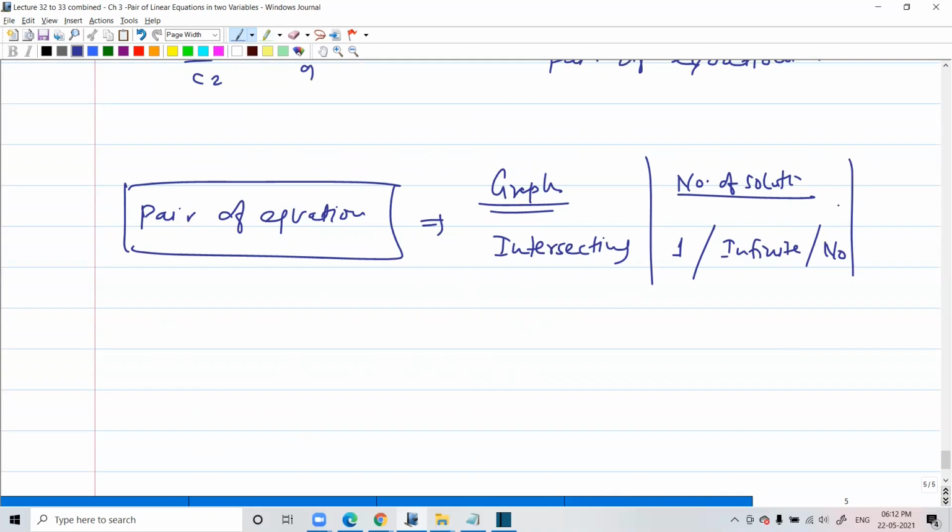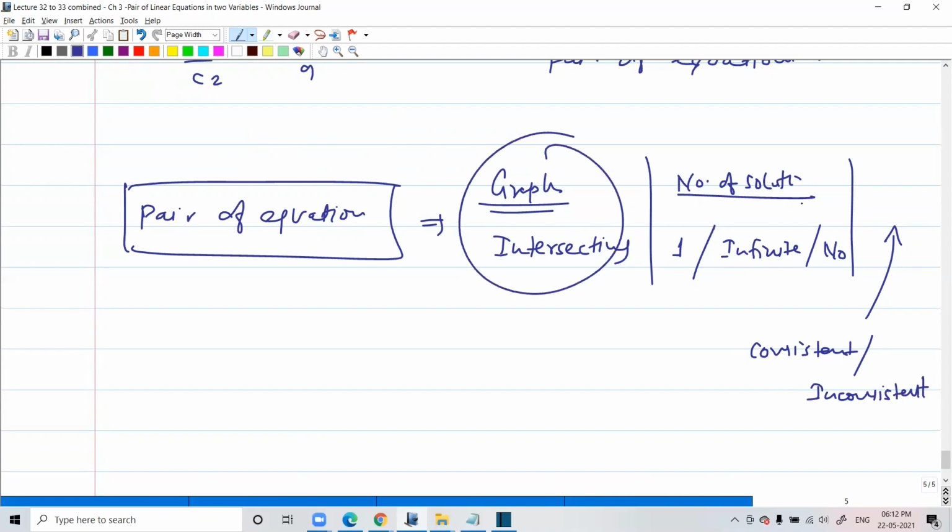And then third thing, you will also mention whether it is consistent or inconsistent. Okay. So these three things you have to tell me. So yeah, the graphs could be intersecting, or when they lie on top of each other, the name is called.